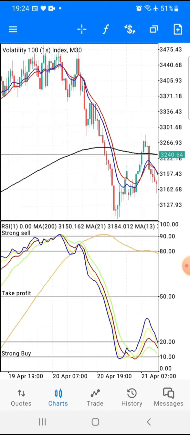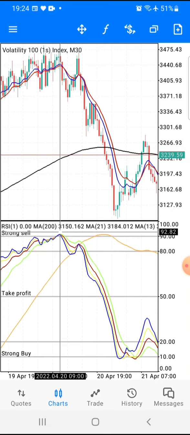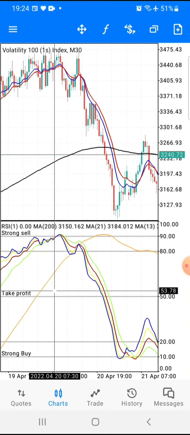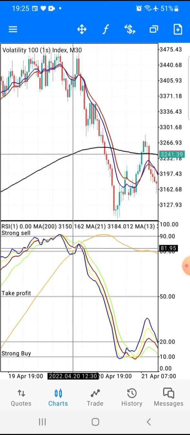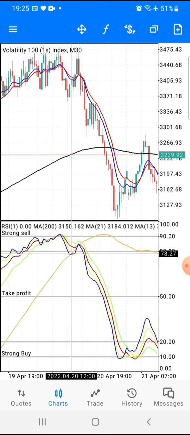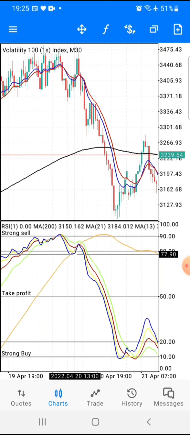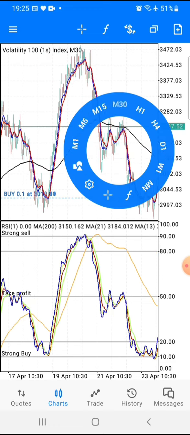You can just zoom in and make sure it's touching the RSI here for a strong sell, guys. And the 200 EMA always delivers, guys. It crossed these lines, showing that it's gonna be a big sell.